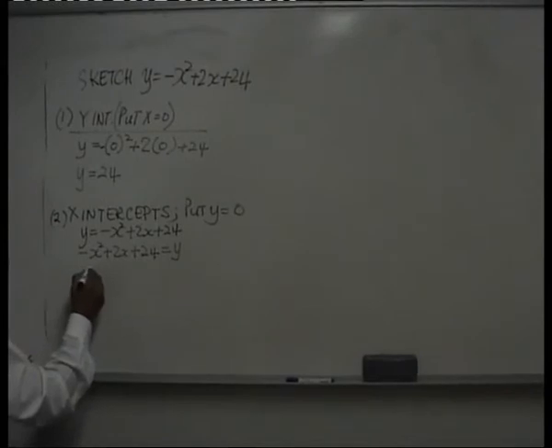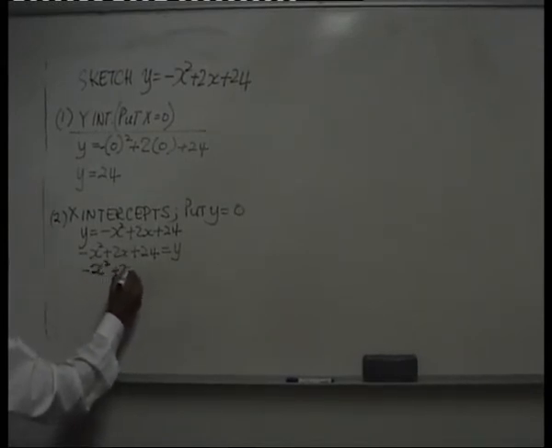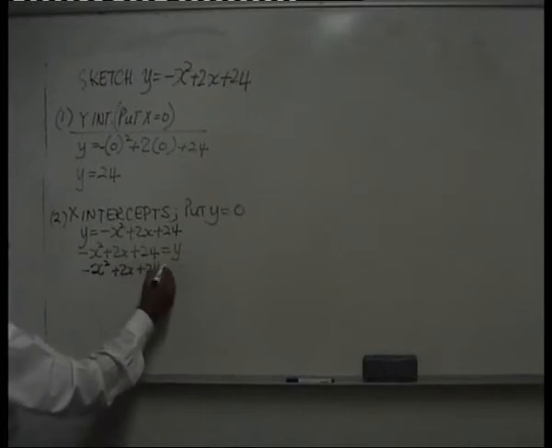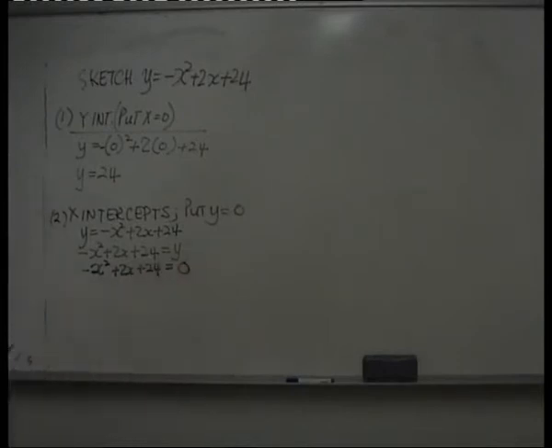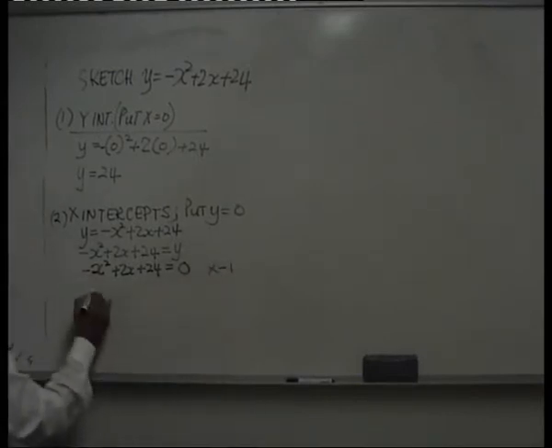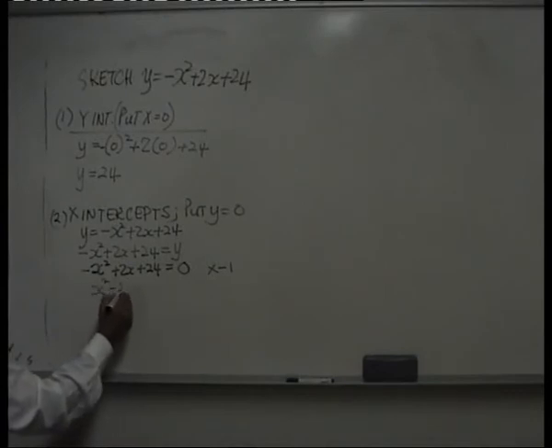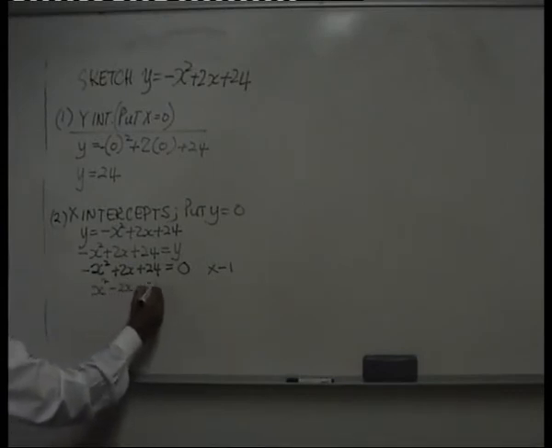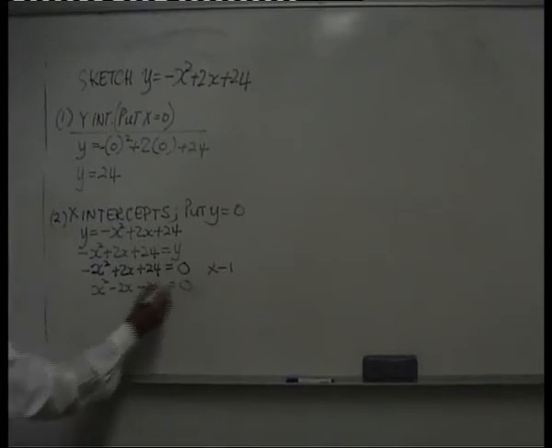And then you put y equal to 0. When you put y equal to 0, now you've got a negative x squared here. So you don't like to do this. You don't like working with the negative here. So you can make your life easy by multiplying this whole thing by negative 1. So this becomes x squared minus 2x minus 24 is equal to 0.